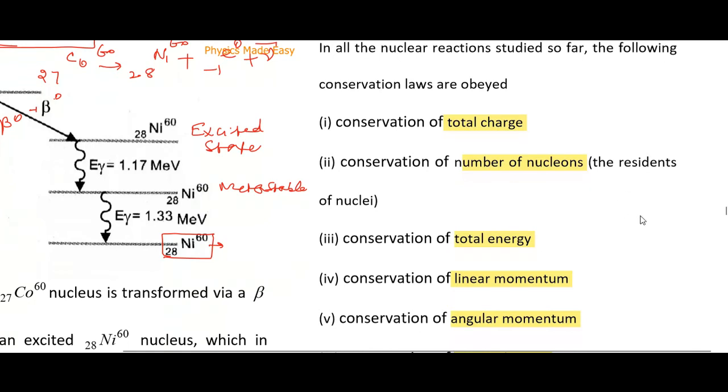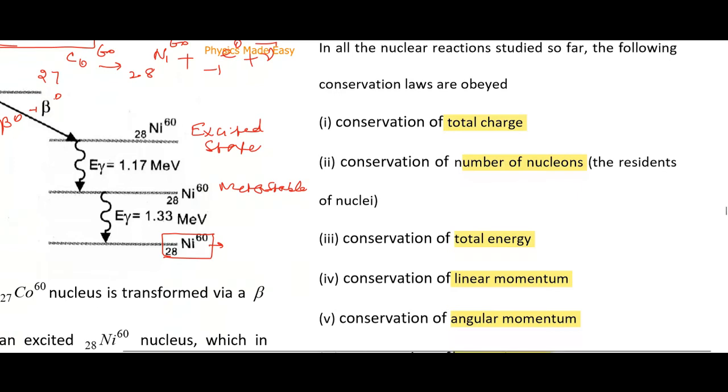Conservation of charge means Z of the reactants should be equal to total Z of the products, which we will do just now. And then conservation of number of nucleons means A is conserved.